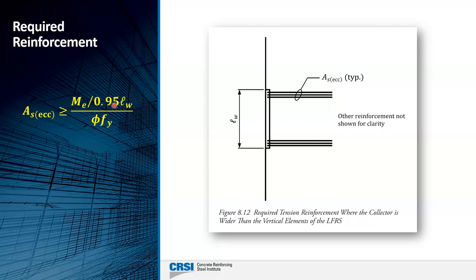So we take that moment, divide it by that moment arm, and then divide it by phi, which is 0.9, and F sub y. That'll tell us how much reinforcement we need perpendicular to resist that moment. Now, you don't need this reinforcement if you're transferring all of the diaphragm force directly into the wall. It's only when our collector is wider than the wall it's framing into.